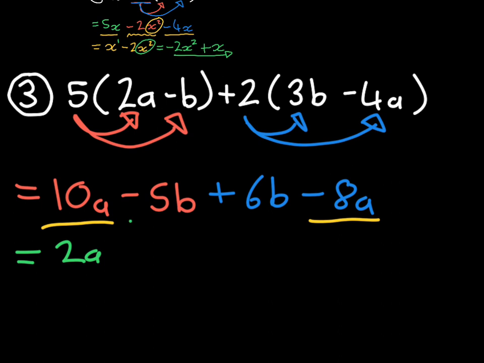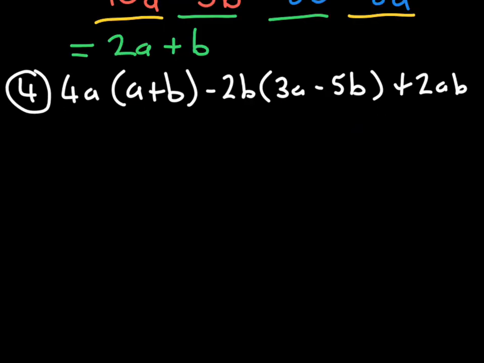Next, we have minus 5b plus 6b. Minus 5 plus 6 is 1. So minus 5b plus 6b will give us 1b, which we can just write as b. And that is our final answer for question number 3.